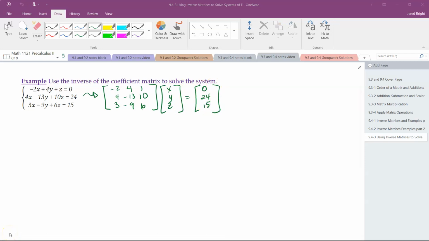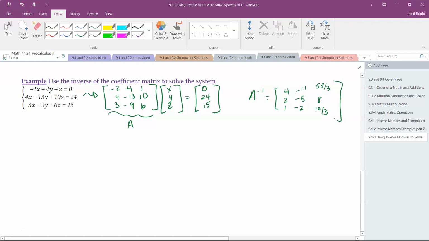If you call this matrix A, you need to find A inverse. We already did this, but you can also show that the inverse is 4, 2, 1 in the first column, minus 11, minus 5, minus 2, and then 53 over 3, 8, and 10 over 3.